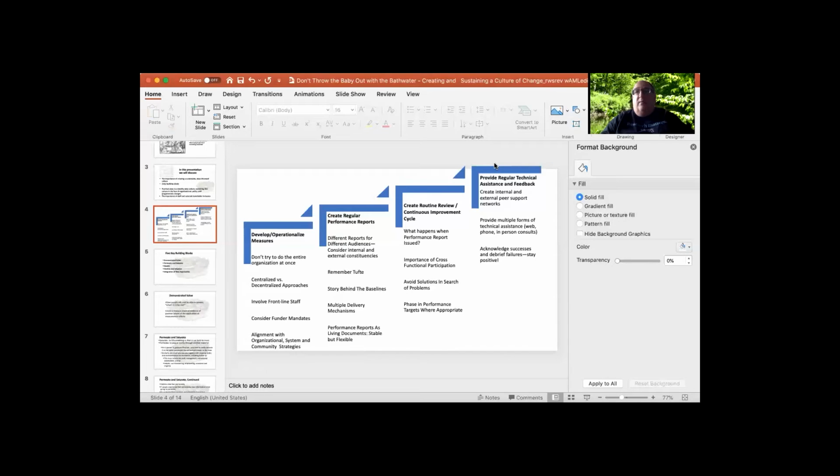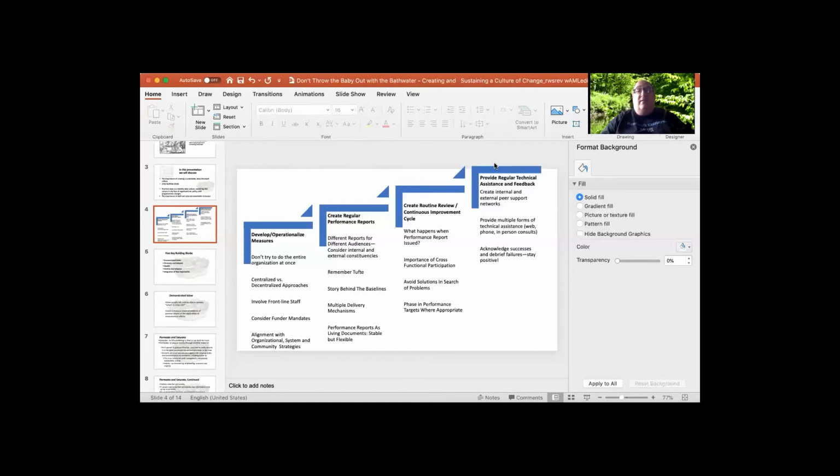And then this is critical. Remember that once a performance report is designed, it doesn't mean that it should never change. As people begin to use these reports, you're going to hear, oh, well, this doesn't really add much. This isn't presented in the best way. We need this additional piece of information.